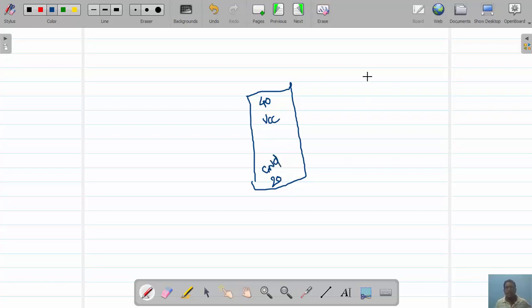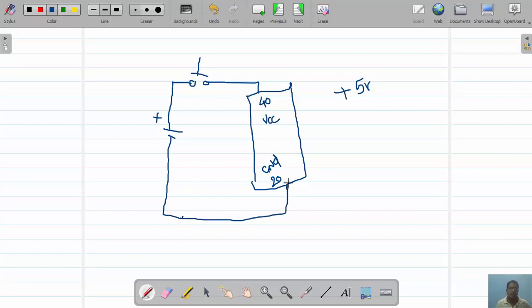As we know, the rated supply required is plus 5 volt. So now what we are going to do is connect the plus 5 volt supply to this microcontroller through one switch. The positive plate is connected to pin number 40, that is VCC, and the negative plate is connected to pin number 20, the ground pin.